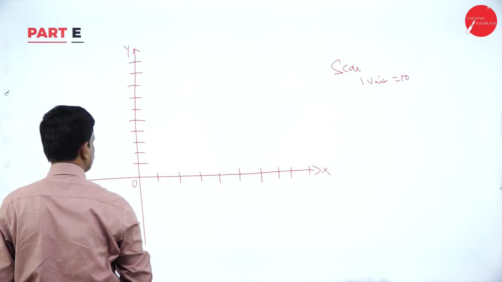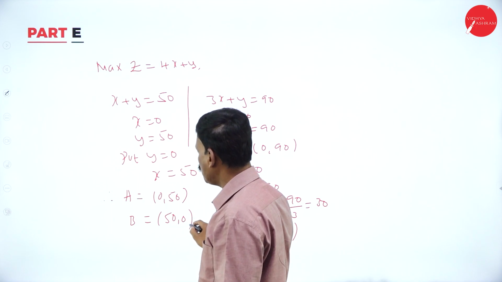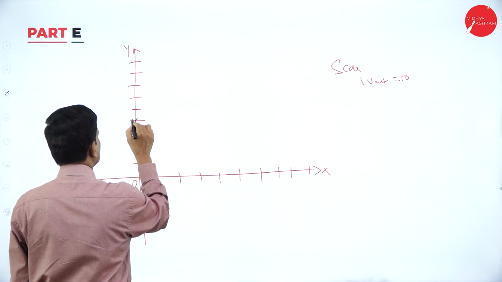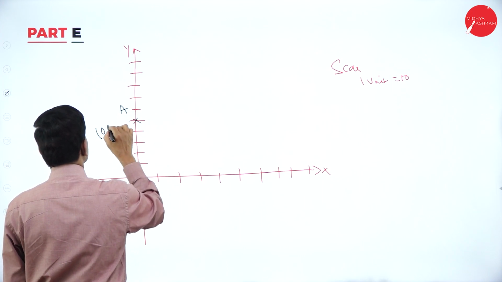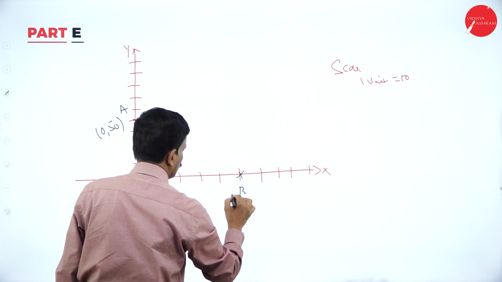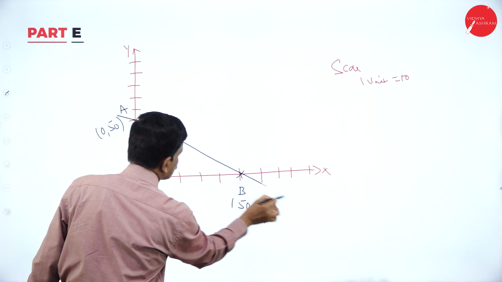This is y. Now what is the first point? A 0, 50, B 50, 0. A is 0, 50, this is A. B is 50, 0. Draw a straight line which passes through these points.